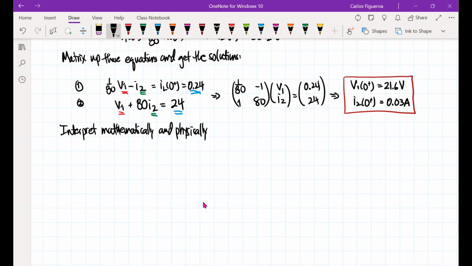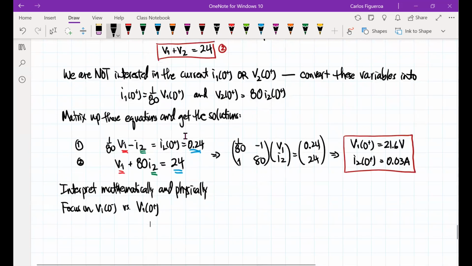What do I know about V1? Let's focus on V1 of 0 minus versus V1 of 0 plus.